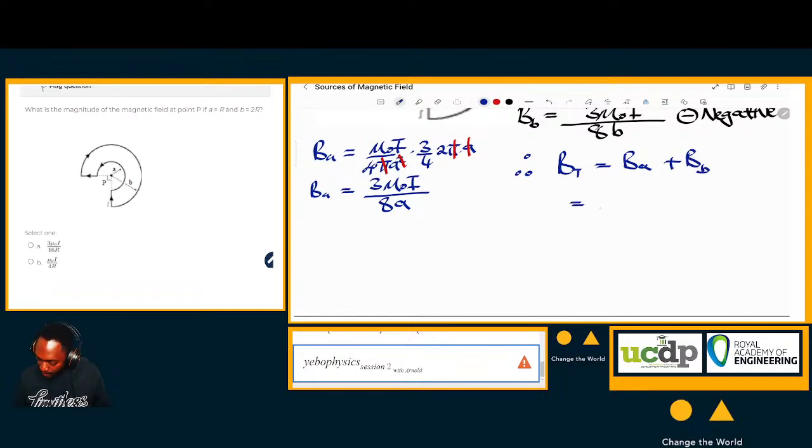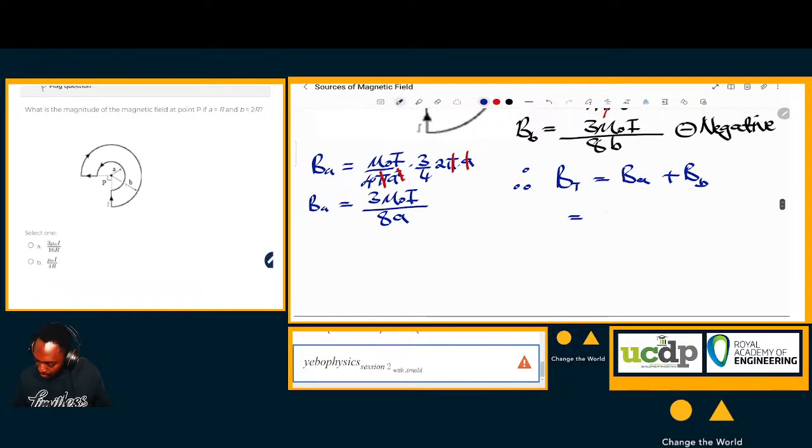Our BA is 3, which is positive. But we can see that the direction of current is flowing in the opposite direction, which means that the direction of the magnetic field is going to be the opposite. You can still use your right hand grip rule to confirm. If you use your 4 fingers to align with the direction of flow of current, which is going anti-clockwise, you'll see that the thumb will point towards you, or out of the page.